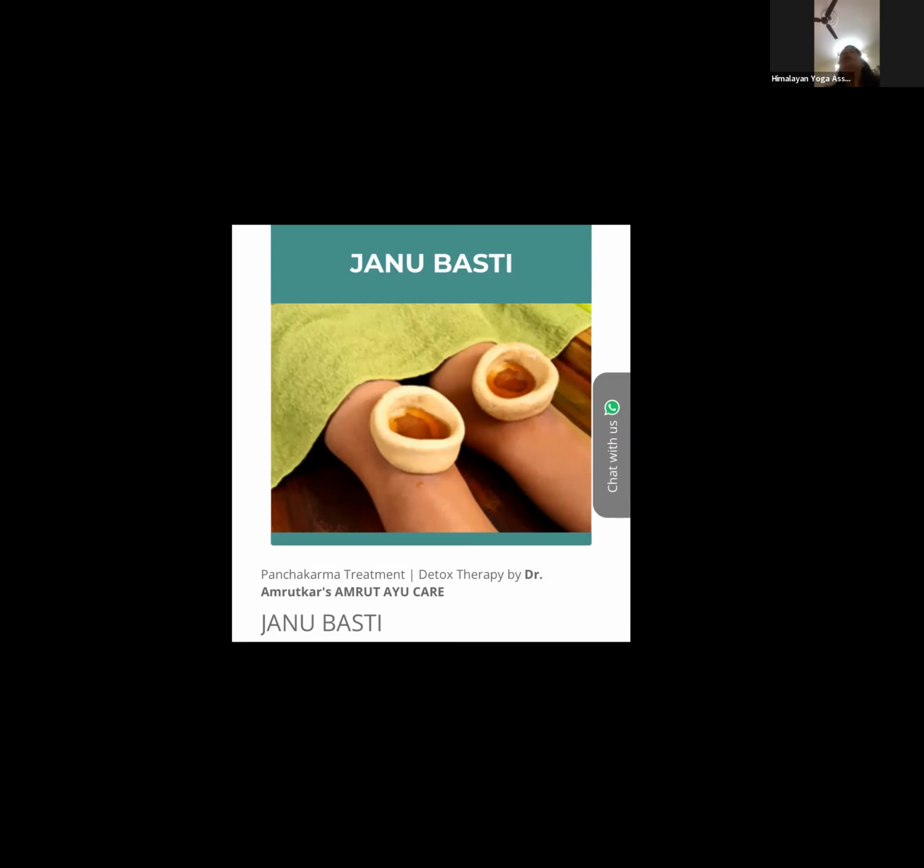Mustard oil is the best. Anyone can use mustard oil. Then according to disorders or disease, there can be a variety of oils, with medicinal things put in. So this is the basic thing I'm telling you: you make this dough and you put warm oil in it. But please do not do it on your own.